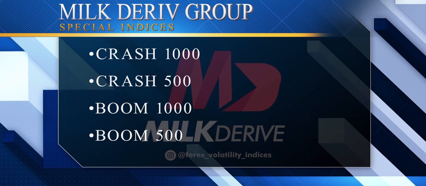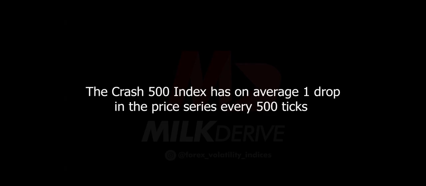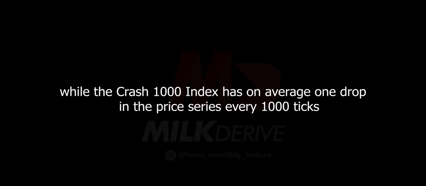Listen up: the crash 500 index has on average one drop in the price series every 500 ticks, while the crash 1000 has an average of one drop in price every 1000 ticks.